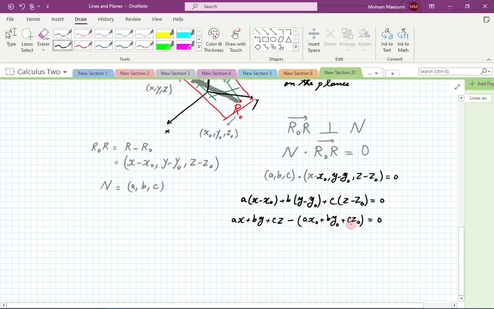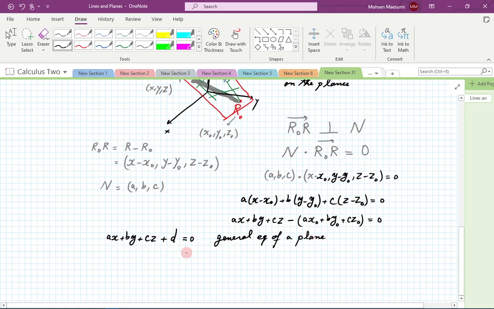Let's call them d or minus d or whatever you like, and that would become the equation of the plane. Sometimes they write the equation of a plane as ax plus by plus cz equals d. Maybe they keep this number on this side, maybe they take it to the other side of the equation. Different books have different styles, and this is called the general equation of a plane.